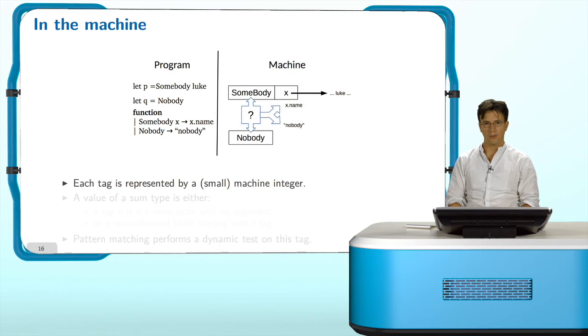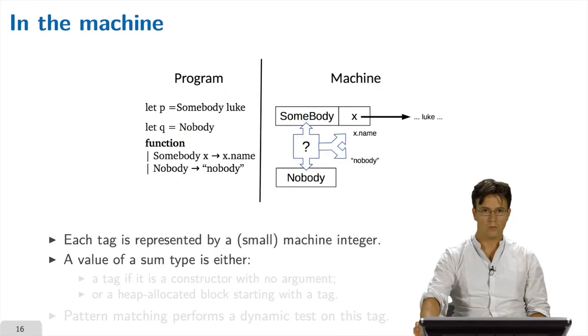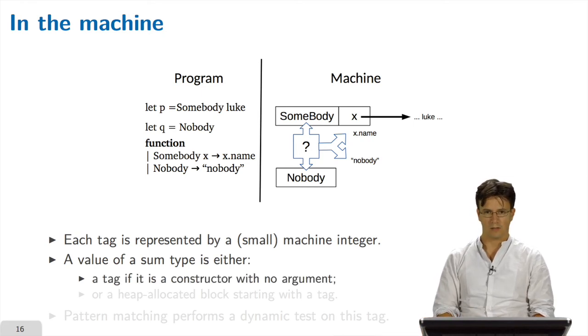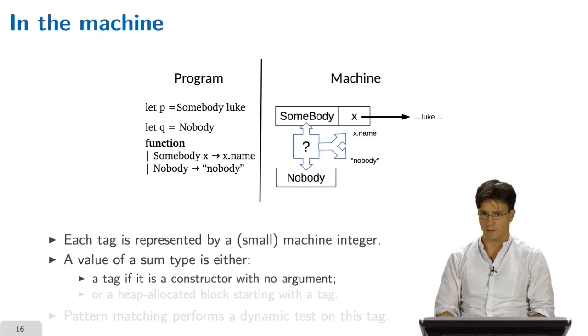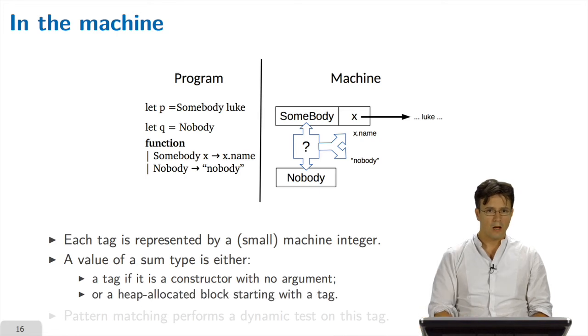Now, what is happening in the machine? Well, each tag in the machine is represented by a small machine integer. So, when you have a value of a sum type, it is either a tag, that is an integer, if there is no argument to the constructor, just like in an enumeration, or if the constructor has some arguments, then it's a heap allocated block starting with a tag.